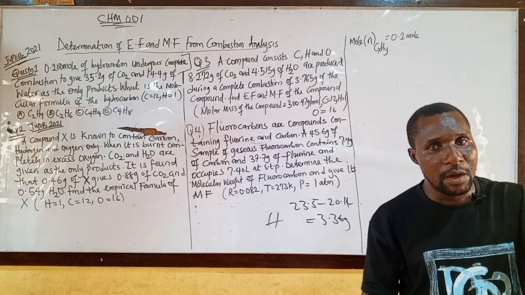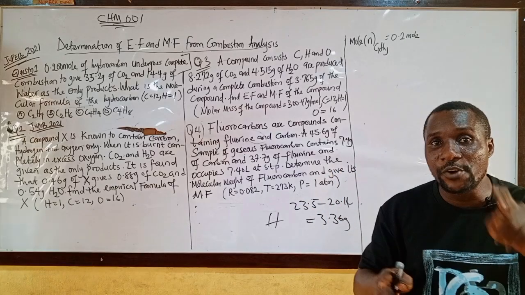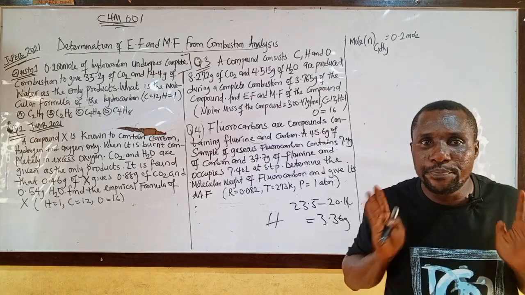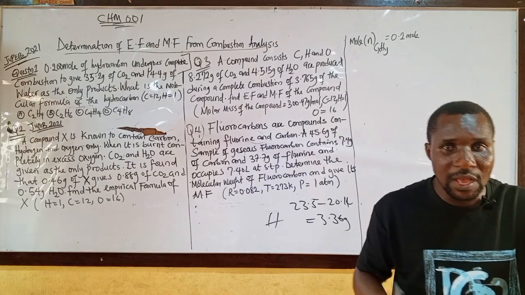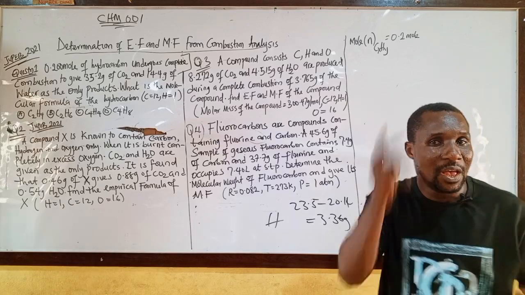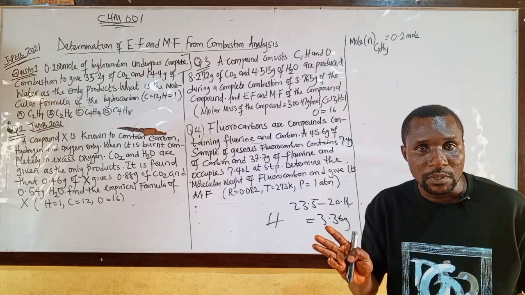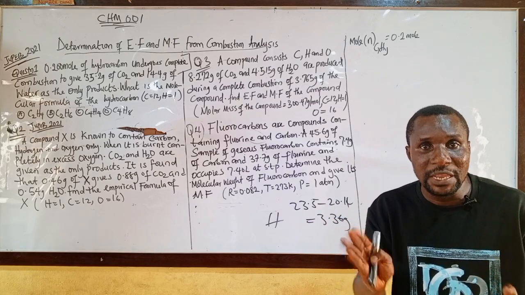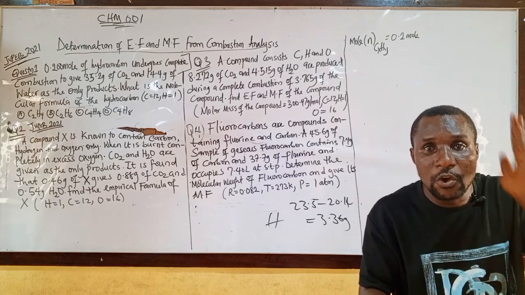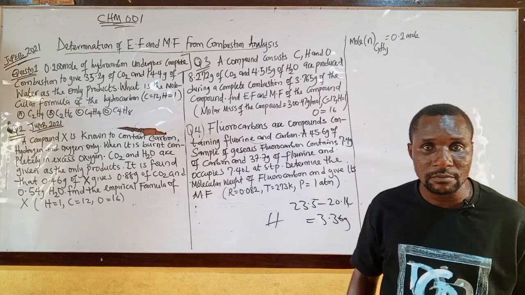When a hydrocarbon compound undergoes complete combustion in excess oxygen, the products are CO2, carbon IV oxide, and H2O, water, hydrogen oxide.